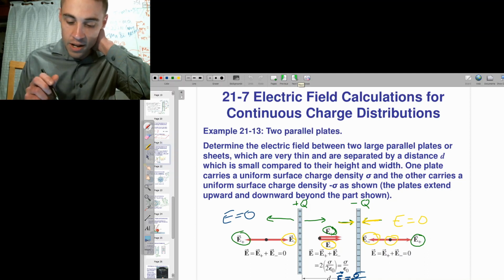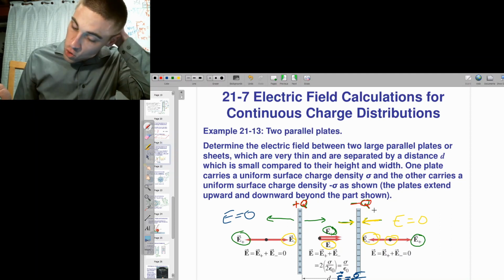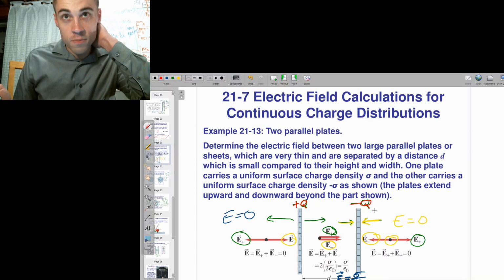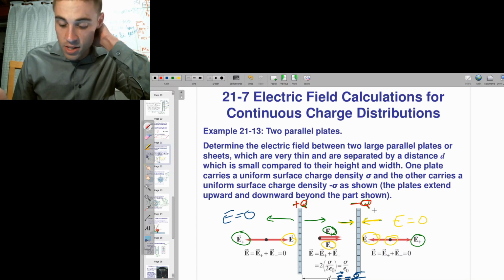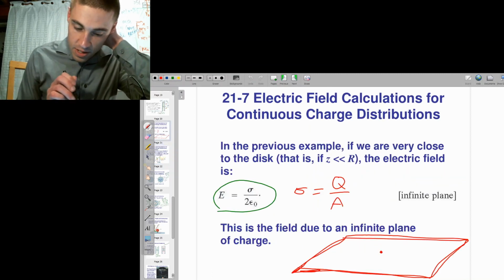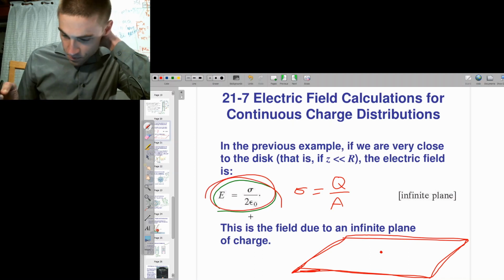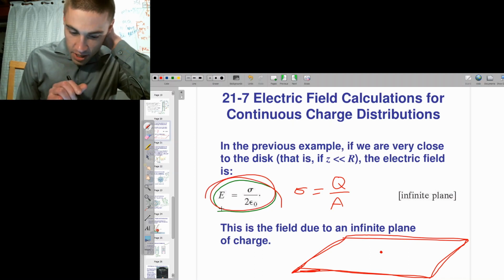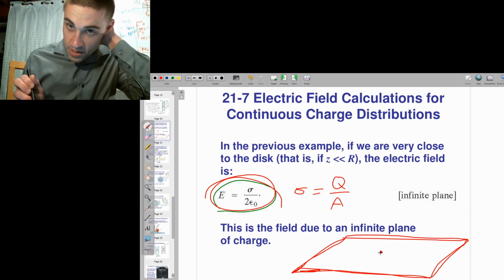But a capacitor has a charge plus Q on one side and minus Q, equal and opposite charge, on the other side of it. There are 2 parallel plates, or sometimes 2 parallel cylinders. There's a bunch of different ways to make a capacitor, as we'll see later. But one of the interesting consequences of this equation here is that the electric field a short distance from a plane is independent of distance.